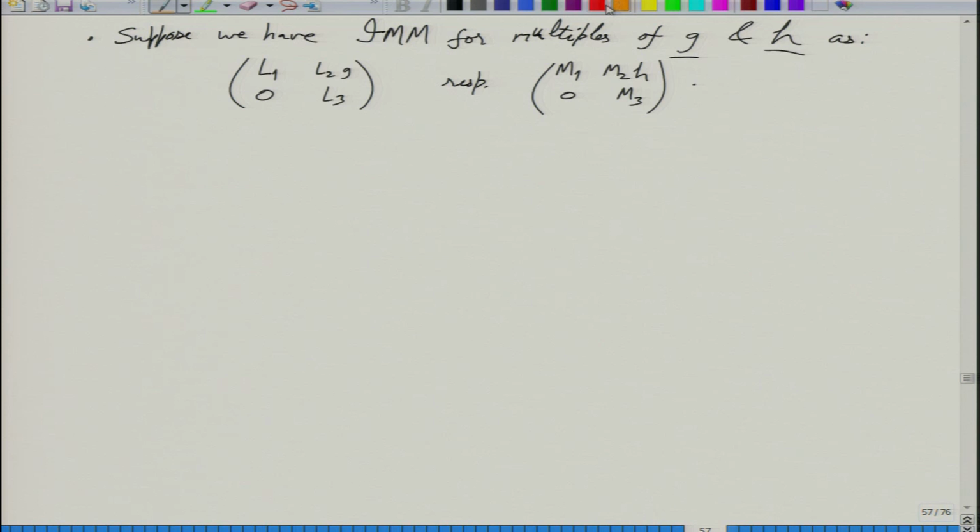The multiple is by L2 here and by M2 here. So instead of computing G and H exactly, we have computed them up to these multiples.